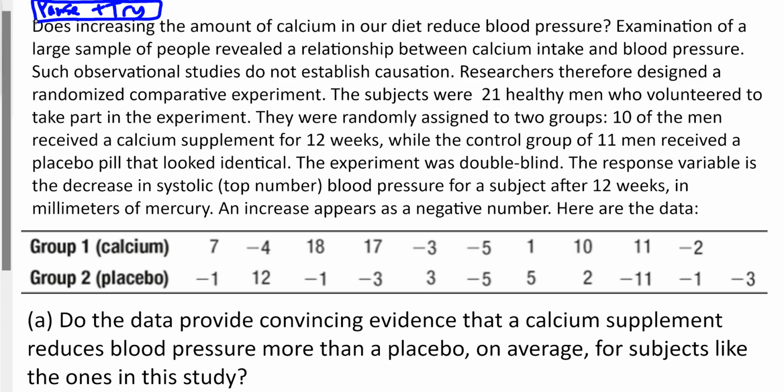Ultimately, we're comparing a calcium group and a placebo group in this randomized experiment to see, is there convincing evidence that the calcium supplement reduces blood pressure more than the placebo? We want to know if the calcium supplement reduces blood pressure. So why don't you pause and try that one?